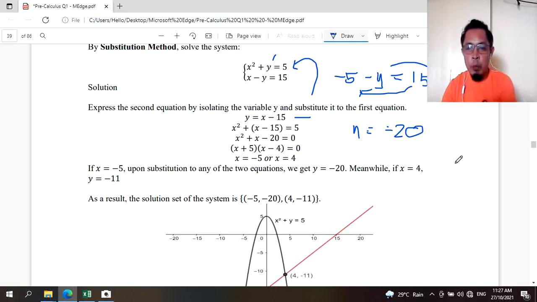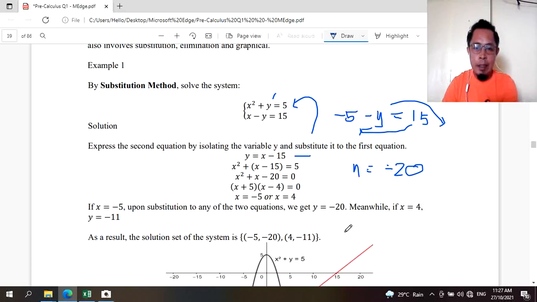Of course, when our x is equal to 4, using this equation again, we come up with y equals negative 11. Now, as a result here, you would have the 2 points. We have negative 5 and negative 20. We also have 4 and negative 11. Before, in our linear systems, when we solve a linear system and graph it, we say that the intersection is simply the solution.